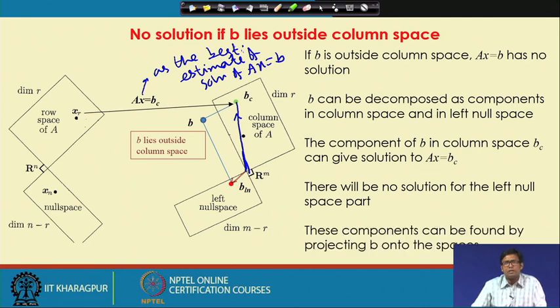These components b_c and b_ln can be found by projecting b onto the spaces. So, if b lies outside the column space, then b can be decomposed into two components. One is its projection in the column space, another is its projection on the left null space, which is orthogonal to the column space.